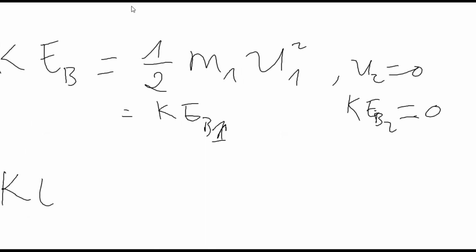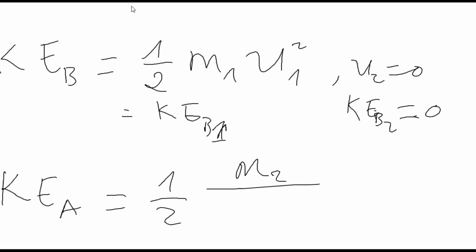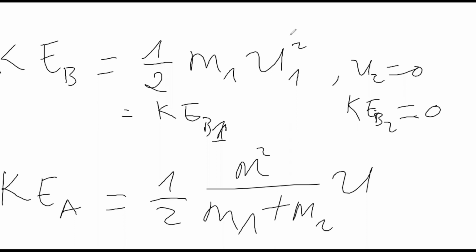In the same way, the kinetic energy after collision will be a half m2 all over m1 plus m2, this is squared, m1 squared on squared. This is the kinetic energy after collision.